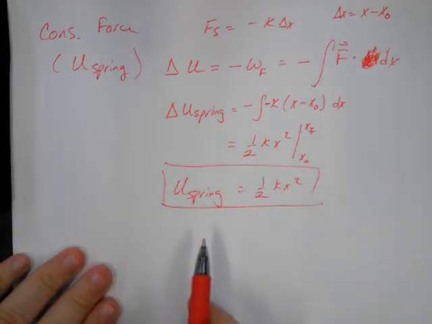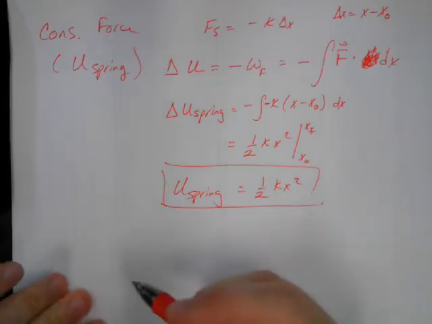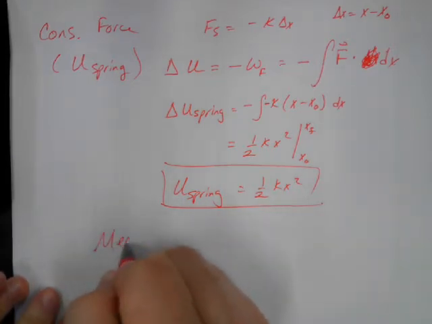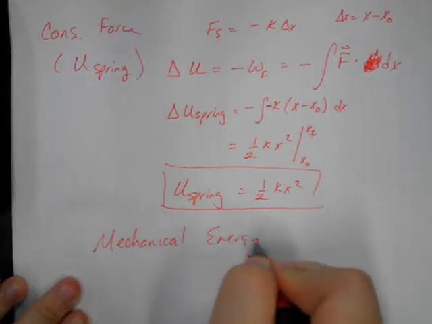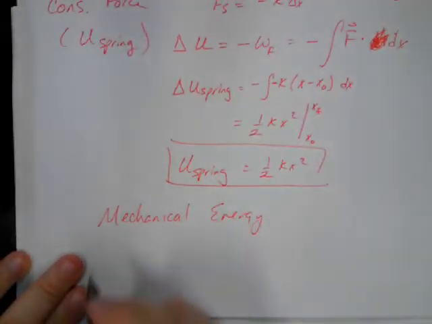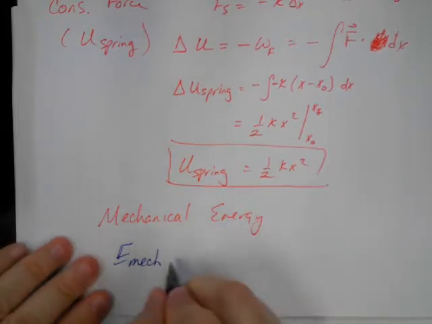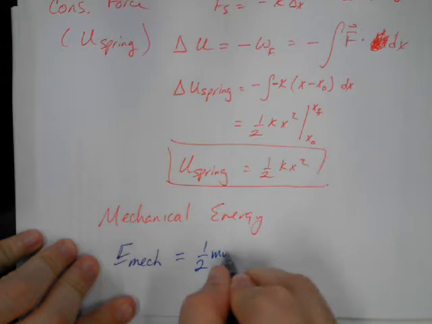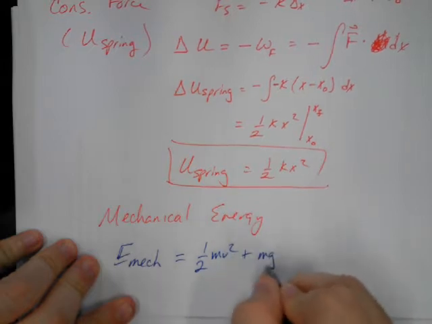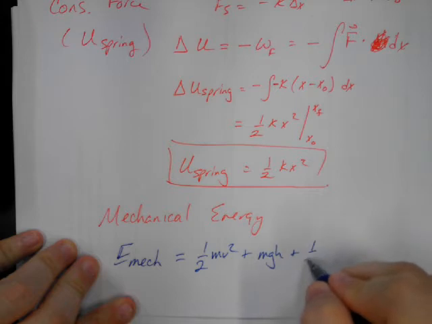And so what that means is we can come up with a new statement for the mechanical energy. Our mechanical energy here is going to be 1/2 mv squared plus mgh, plus we also now have a rotational energy, 1/2 I omega squared.